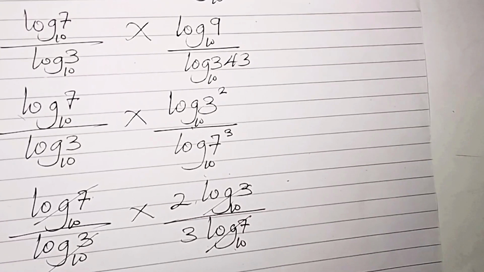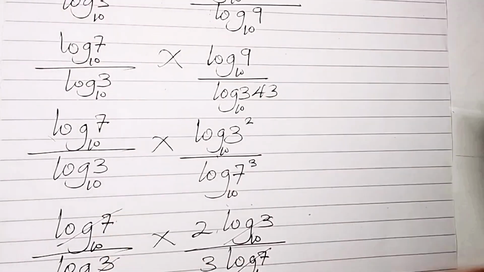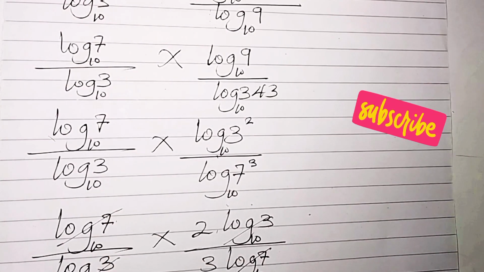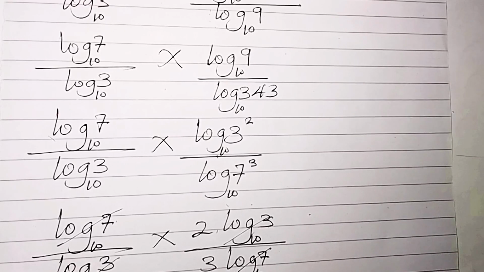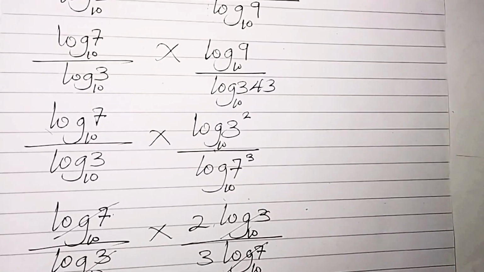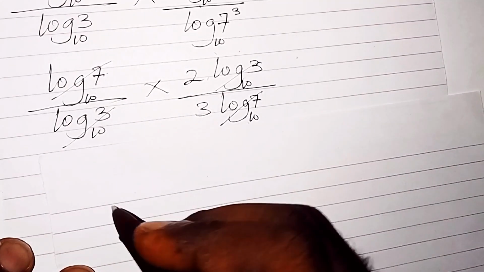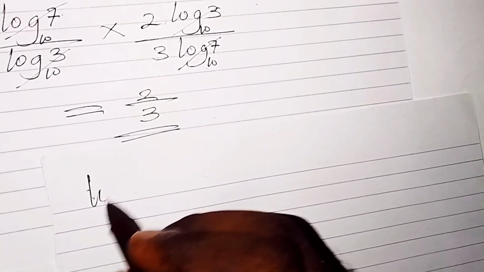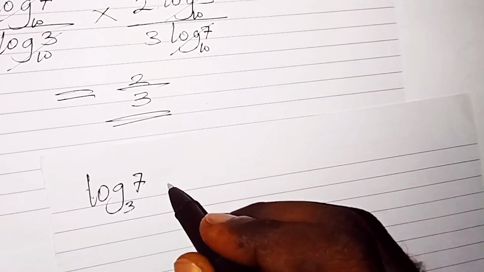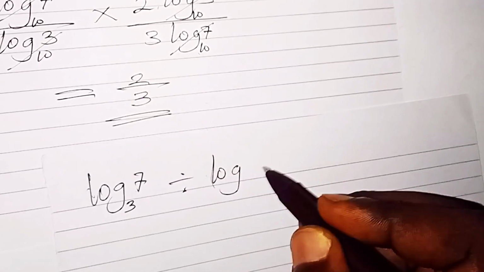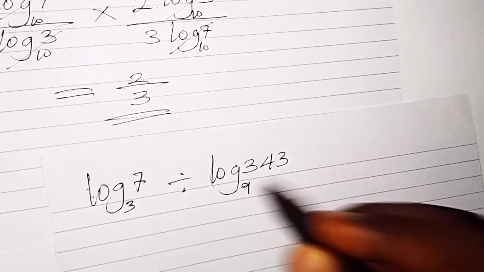You remember that I just changed everything to a common base of 10, and you can as well still use any of the bases given in the question. Let's see what we'll get if we use any of the given bases in the question. Here is log 7 base 3 divided by log 343 base 9.